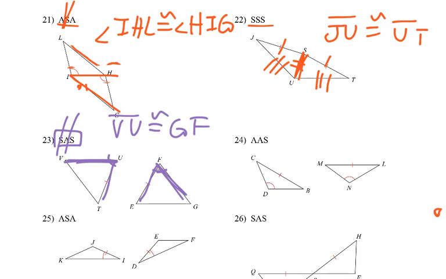Alright, 24, now we're back to angle, angle, side. So I've got an angle and a side that's not touching that angle. So I got that side and that outside angle. So now I need the angle that would be touching the side. So it could be angle C, but which one would that match up with? Because here's where it can be tricky. We got to make sure they match up. So I could do angle C or I could do angle B. Either one would work over here, B or C. But which one would it probably match up with?